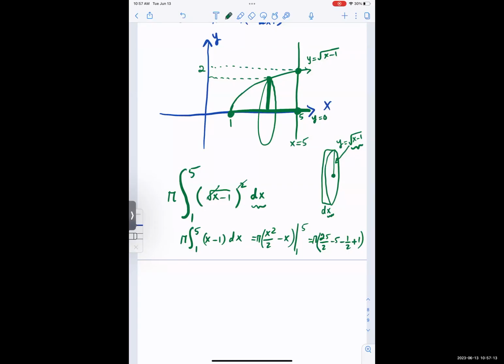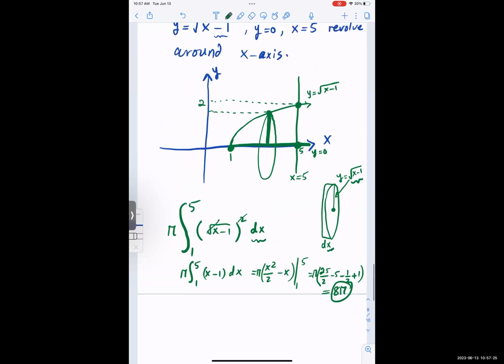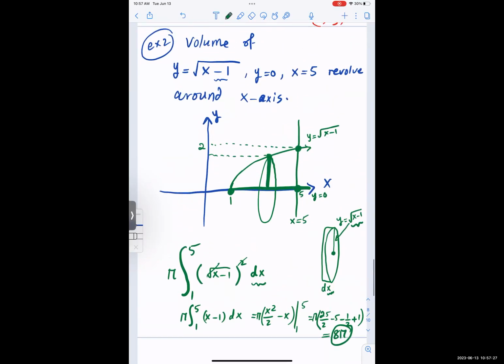So I think 8 pi is the answer. Okay. Any questions? So do you see the setup? I want you to look at this one and see if that makes sense.